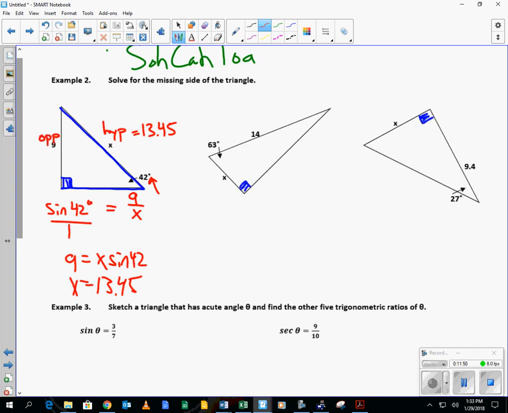All right. This one right here, I got 63 degrees. Great. So sine, cosine, or tangent? Cosine of 63 is equal to x over 14. Sorry, I lost control there. I'm very passionate. So x is 14 times the cosine of 63.